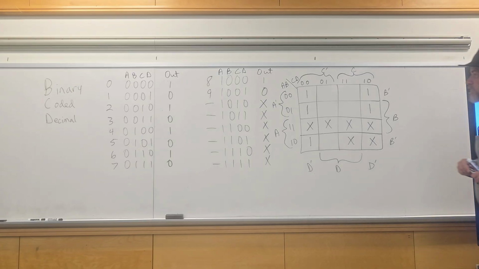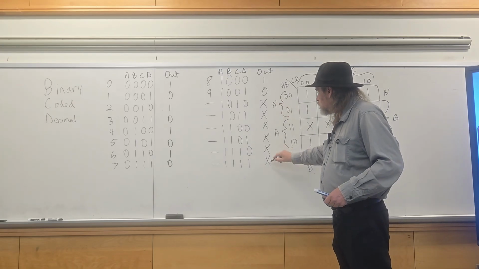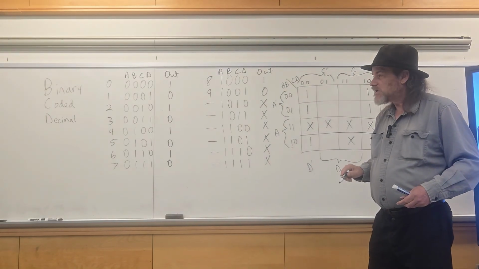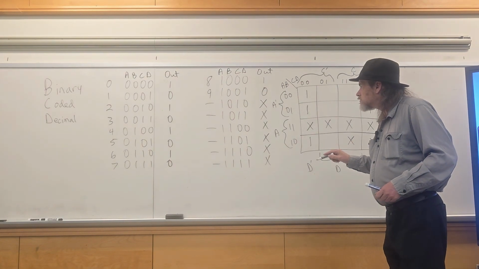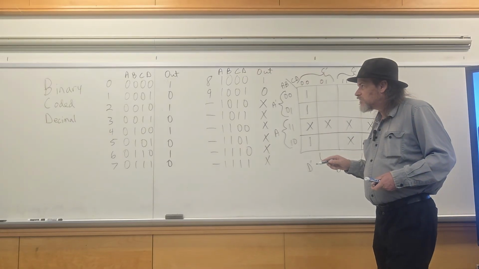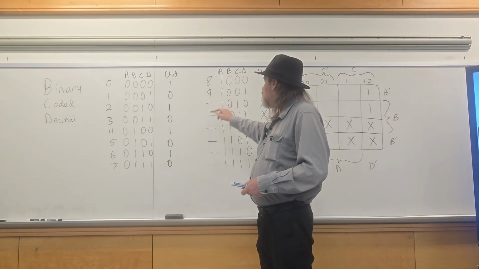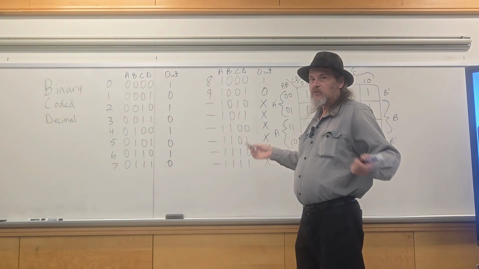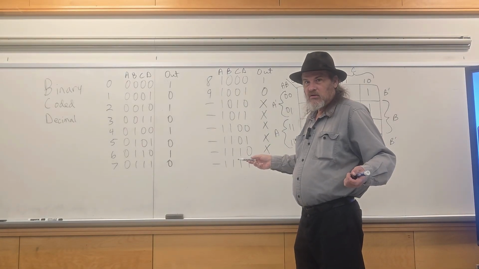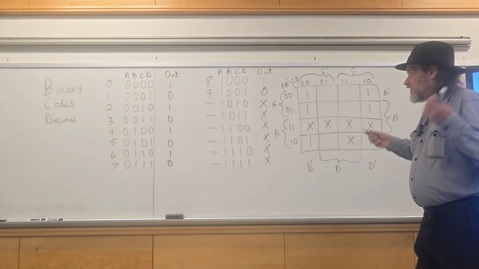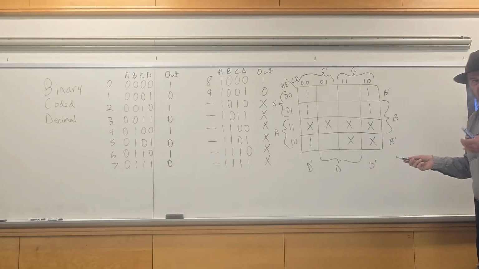Yeah, the X's are don't care, because with a binary coded decimal, these are not possible. So it doesn't matter what the output is, because the inputs will never get to that point.